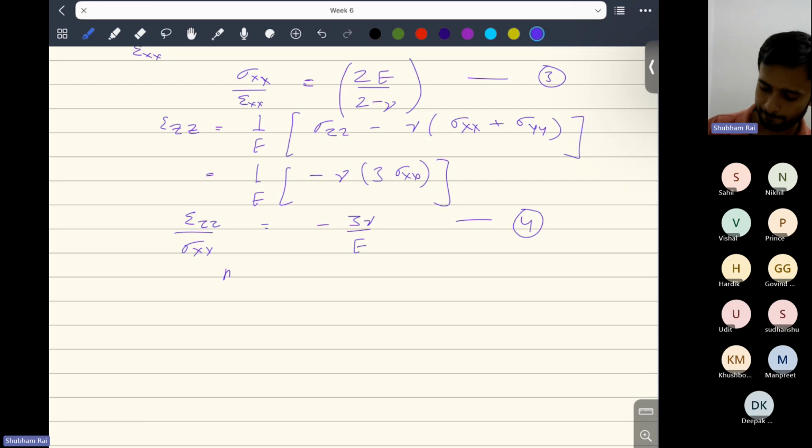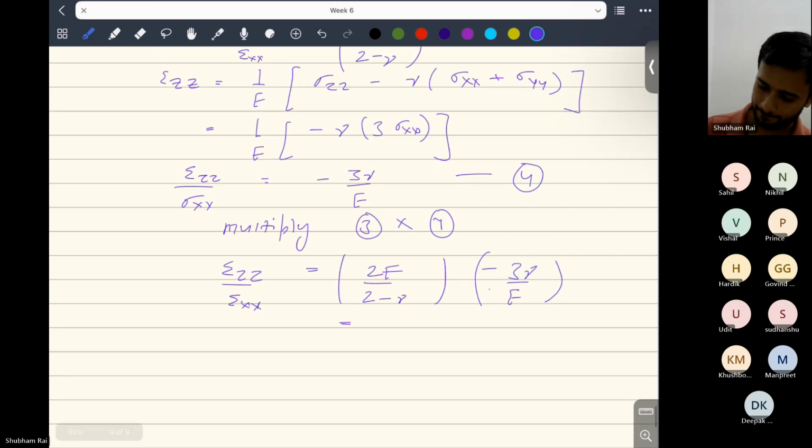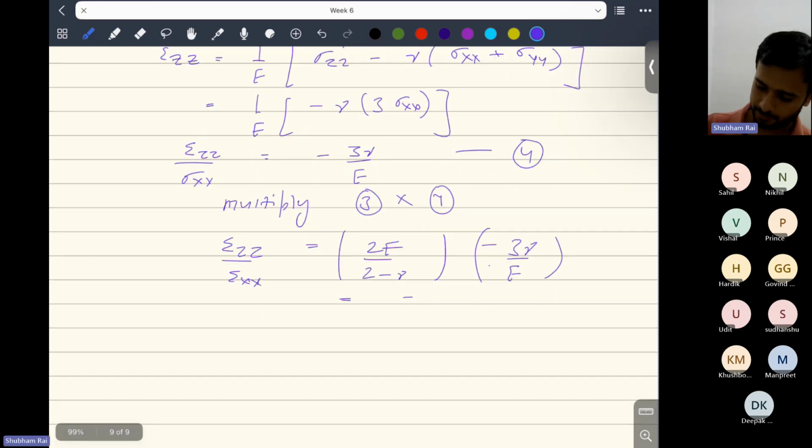If you multiply 3 times 4, what will you get? So sigma xx and sigma xx will get cancelled, so you will get epsilon zz over epsilon xx. That is nothing but 2e over 2 minus mu times minus 3 mu over e. So e and e will get cancelled, so you get minus 6 mu over 2 minus mu.